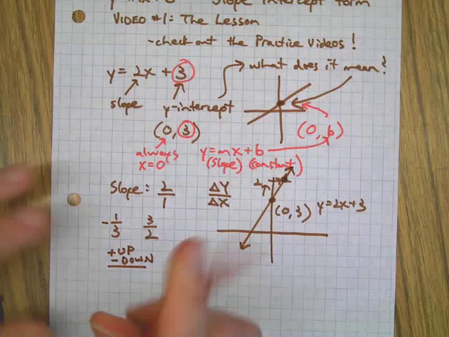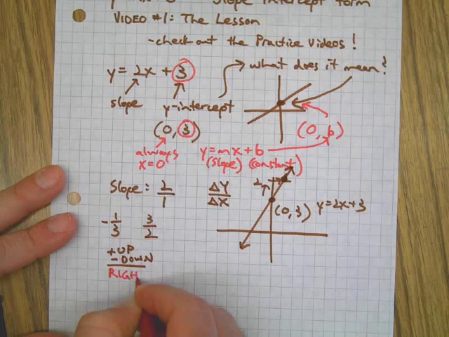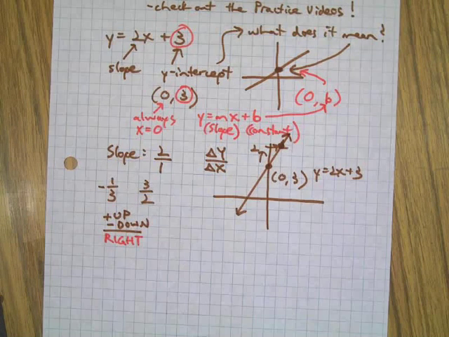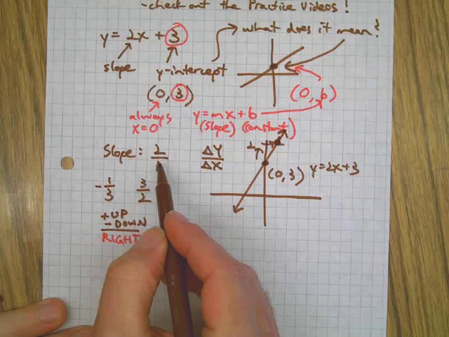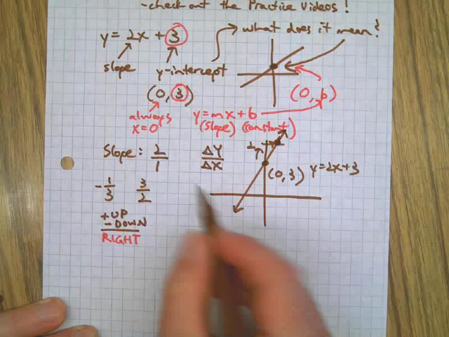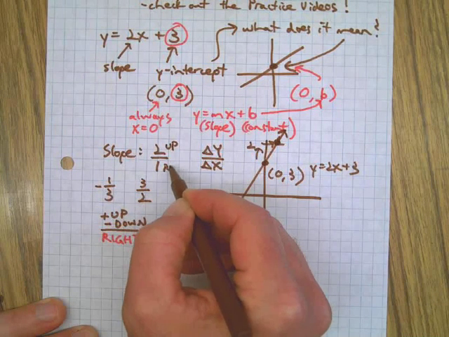And on the bottom, the denominator, you're always going to the right. Always. No matter what the sign is, you always go to the right. And like we just talked about, if you have a slope that's a whole number, you just put a 1 on the bottom, and then you have your fraction. You've got your up, and you've got your to the right.